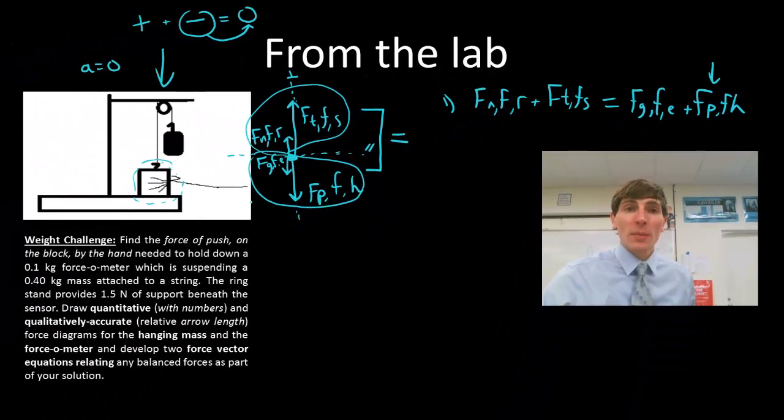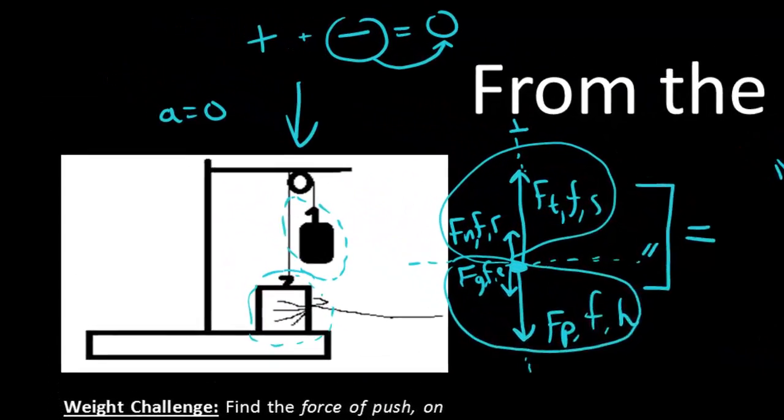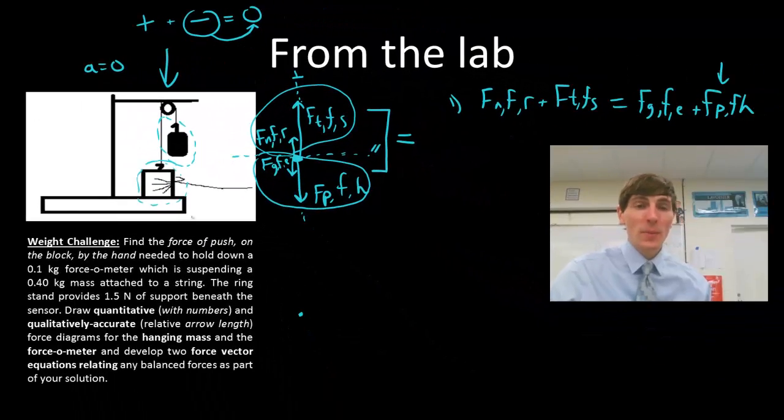Before I get too far ahead of myself, I also need a force diagram for the hanging mass, which was the simpler situation. That hanging mass has two forces. We had the force of gravity on the mass from the earth, and then the rope attached to it, the force of tension on the mass from the string.